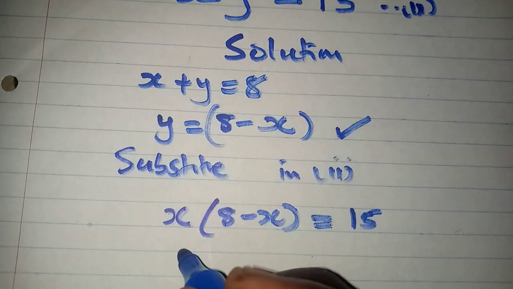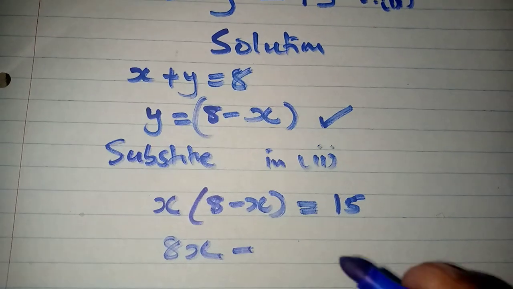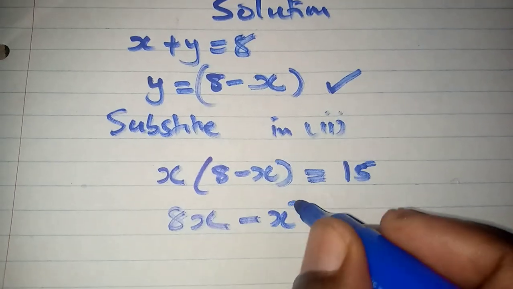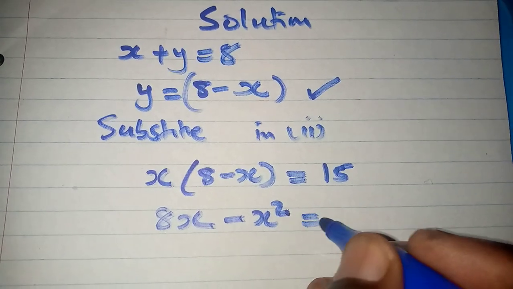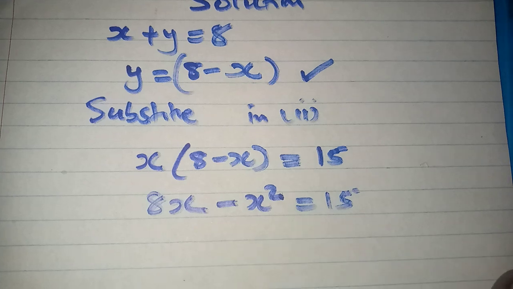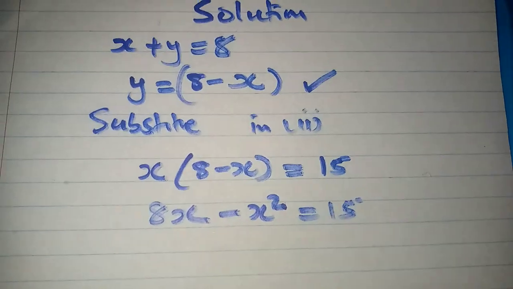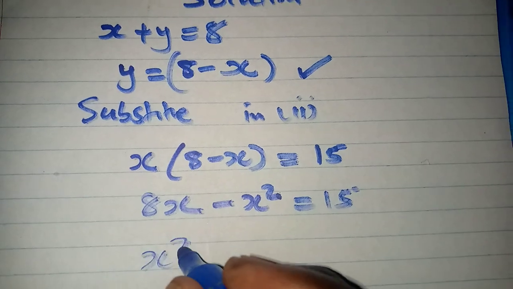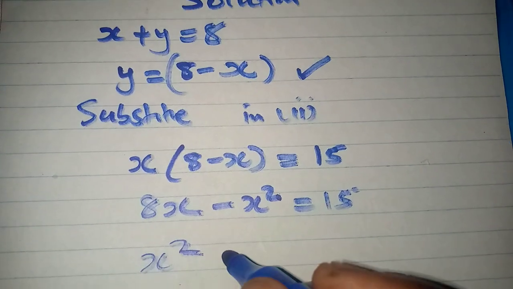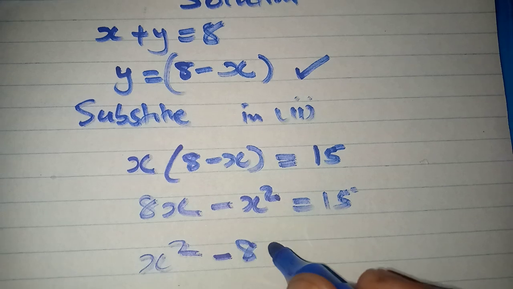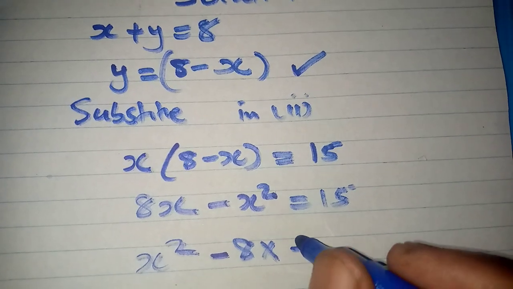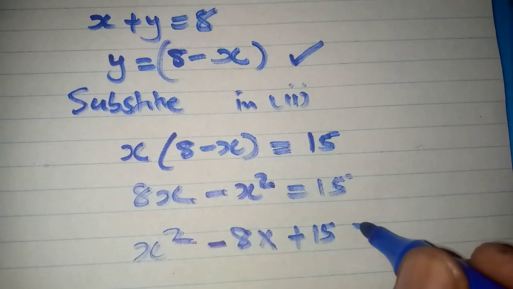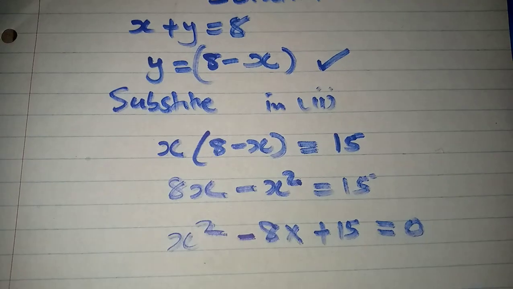Opening the bracket, I'll have 8x minus x squared equals 15. I want to rearrange it so that it becomes a quadratic equation. It will be x squared minus 8x plus 15 equals 0.